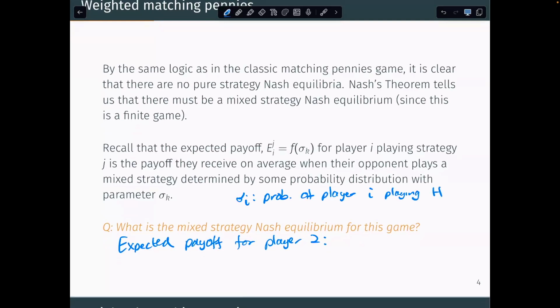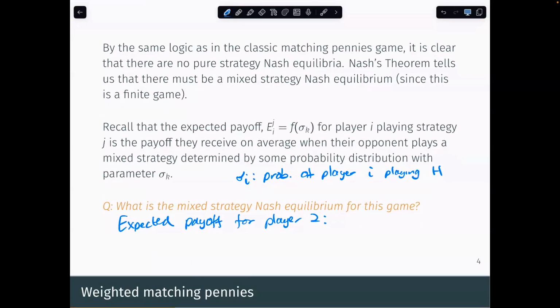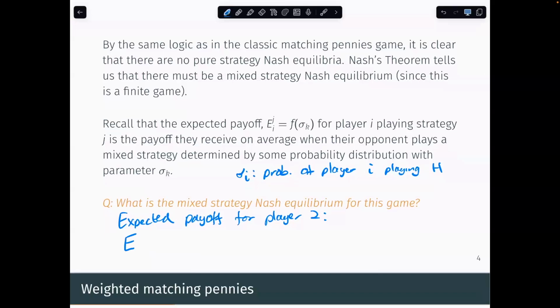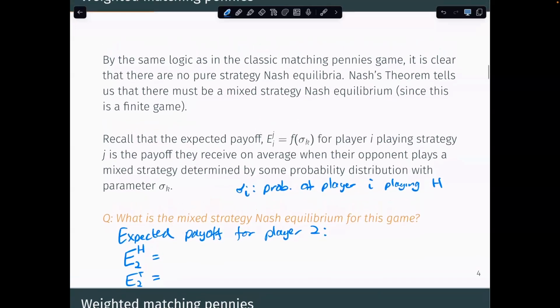Okay, so I've defined what this sigma_i is. Now we want to think about what is the expected payoff, E for player 2 when they play strategy j, and j here could be either heads or tails. So what is the expected payoff for player 2 when they play heads?